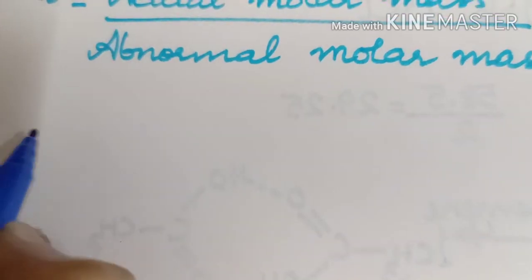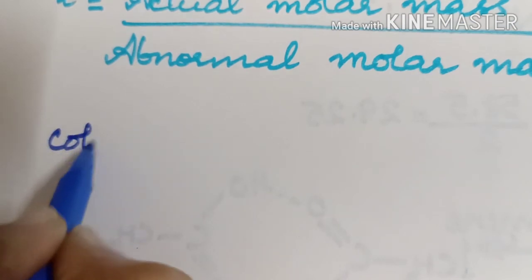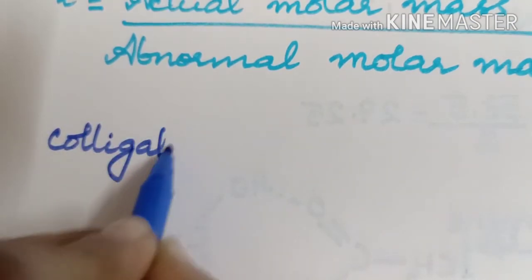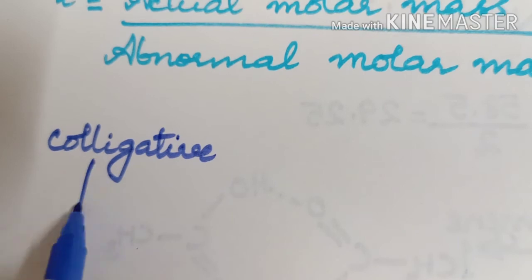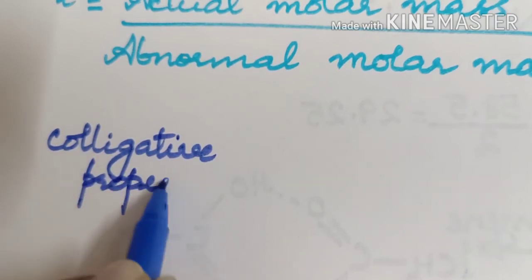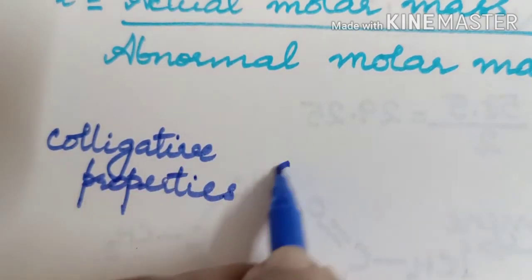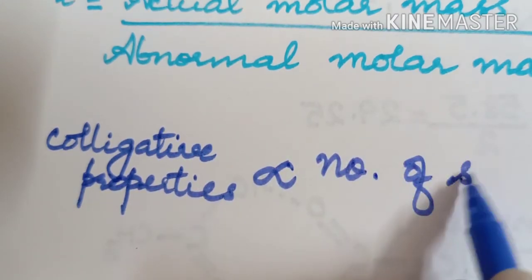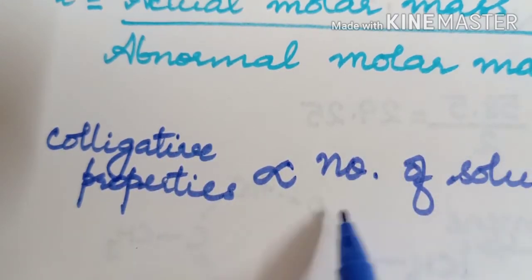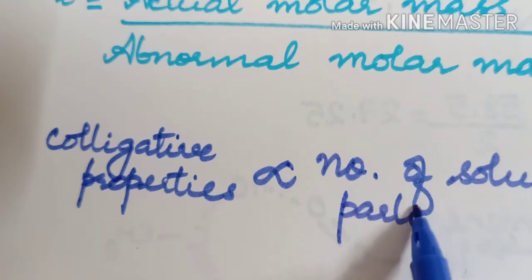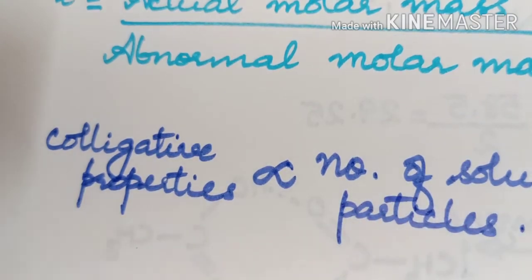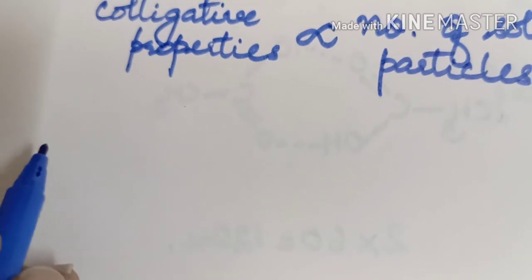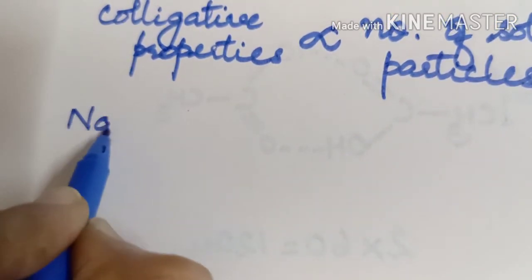You have learned earlier that colligative properties are proportional to the number of solute particles. In the case of dissociation, take the example of sodium chloride.